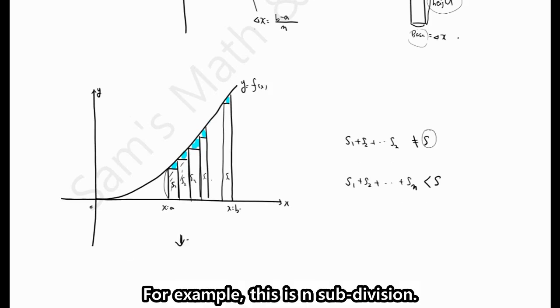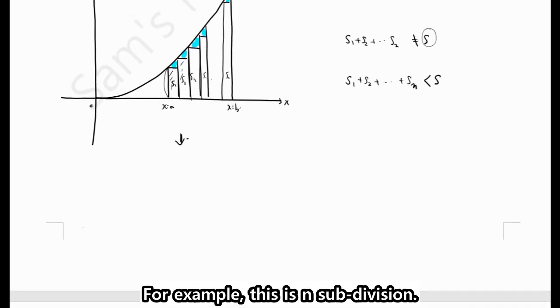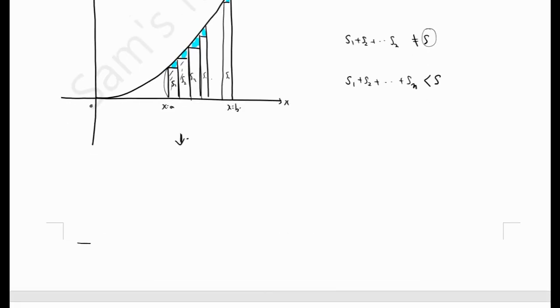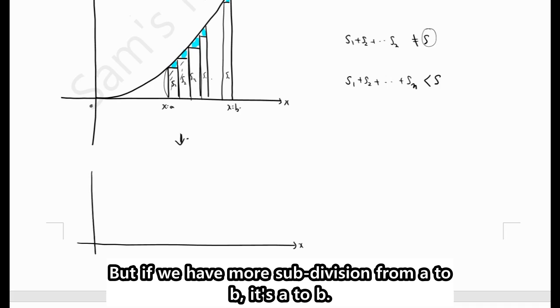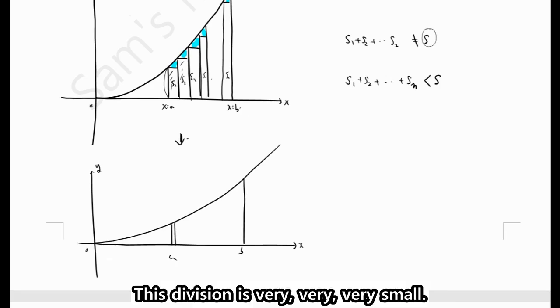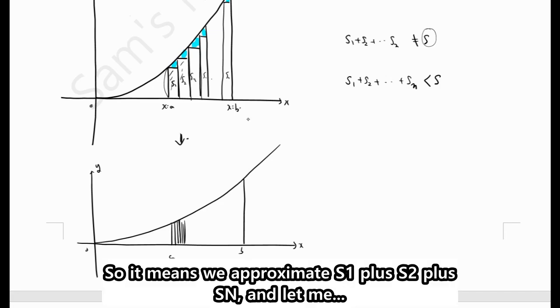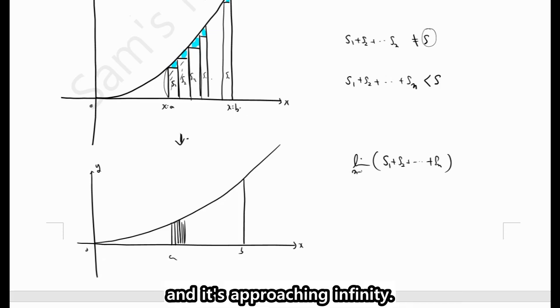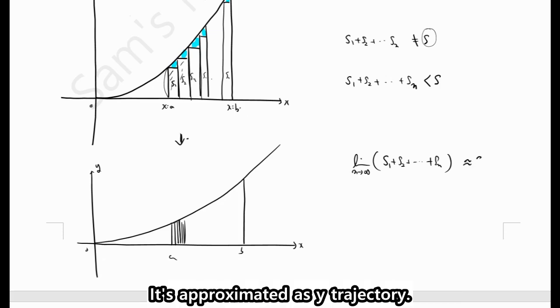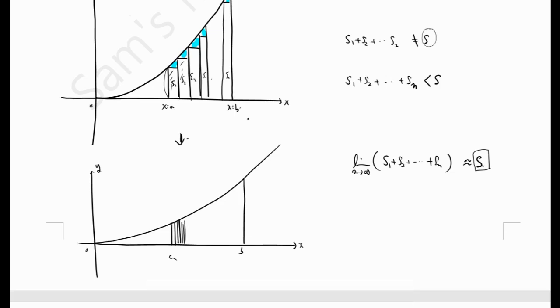For example, this is n subdivisions, but if we have more subdivisions from a to b, each division is very, very small, and the more divisions, the smaller the error. So the sum S1 plus S2 plus Sn, as n approaches infinity, approximates S exactly.